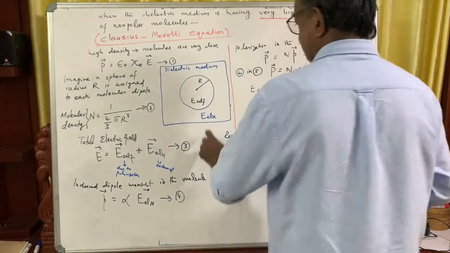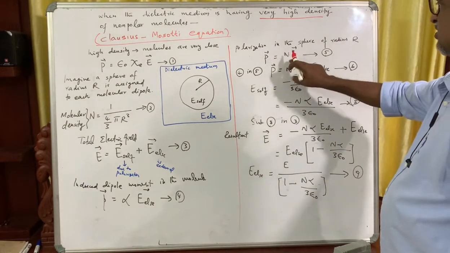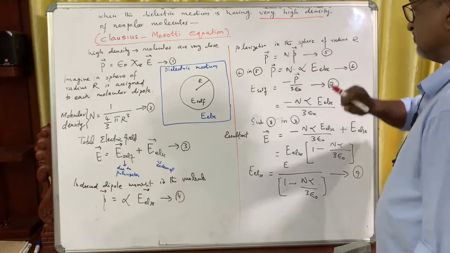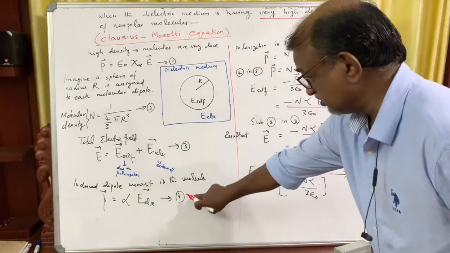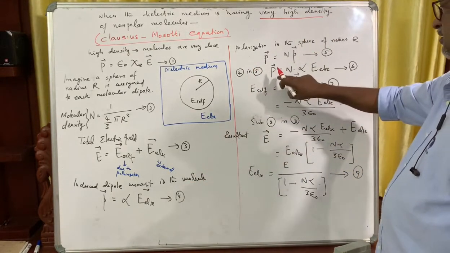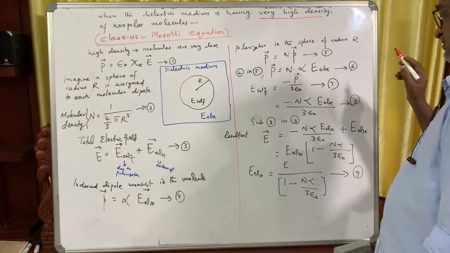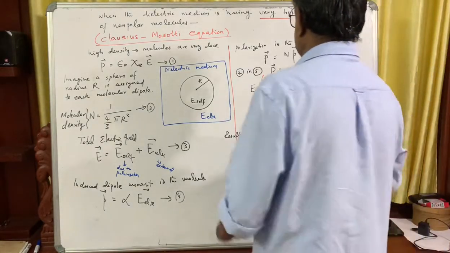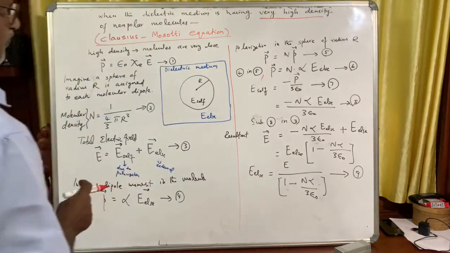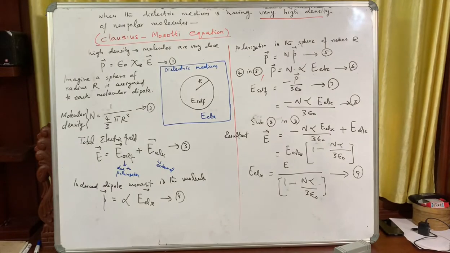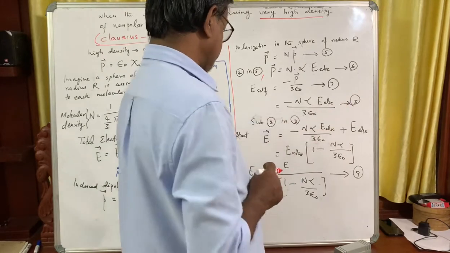And here, inside this sphere, the polarization capital P is equal to N into small p, where small p is the dipole moment. Substituting 4 in 5, we get P equal to N into alpha into E_s. So from this equation, E self is equal to minus P by 3 epsilon 0, which is equal to minus N alpha E_s by 3 epsilon 0, equation 8.